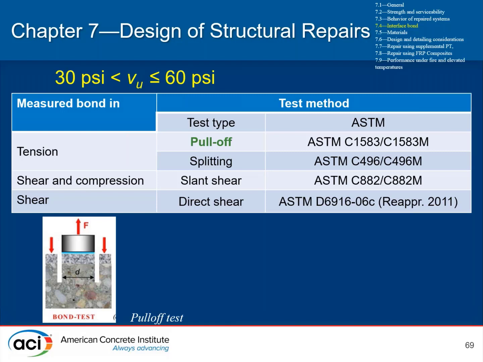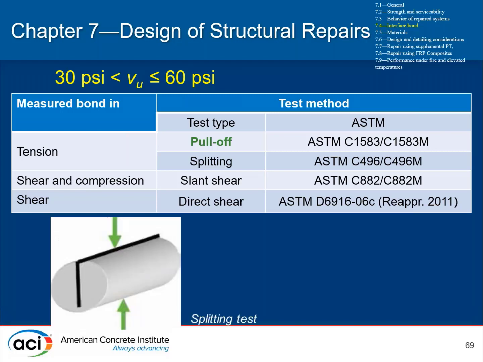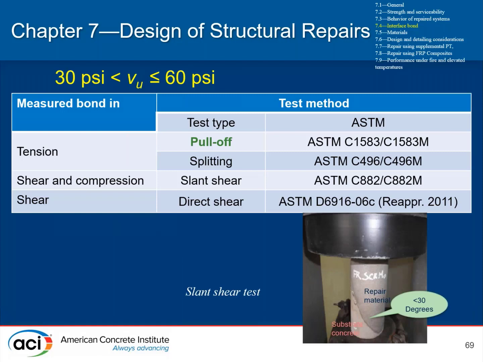But there's some information in 562 to help that along. And there's other documents, ICRI, I believe 210.3 is another one that provides some guidelines with regards to specifying bond stress, pull-off stress as well. There's also splitting tests, slant shear tests that are not often used.